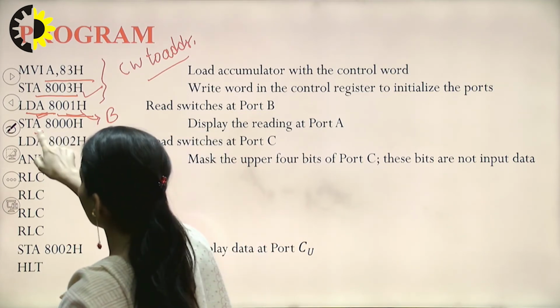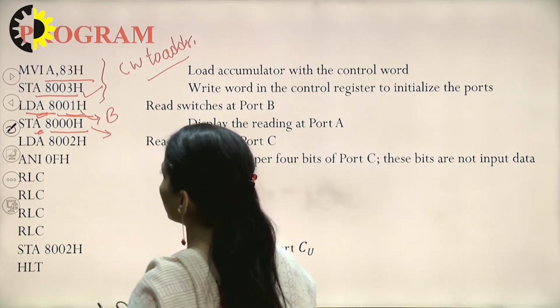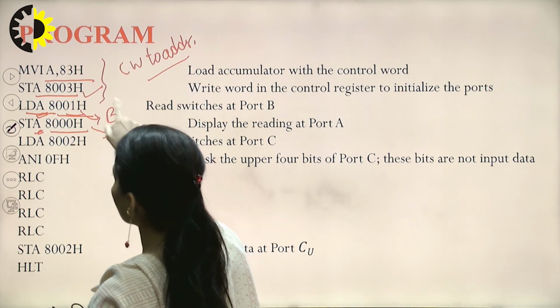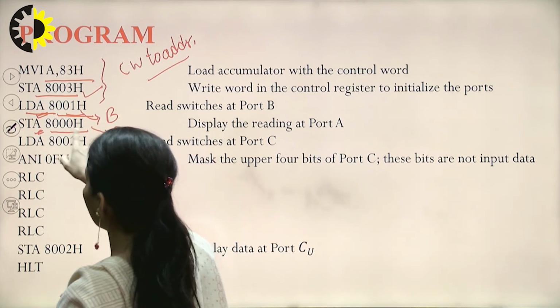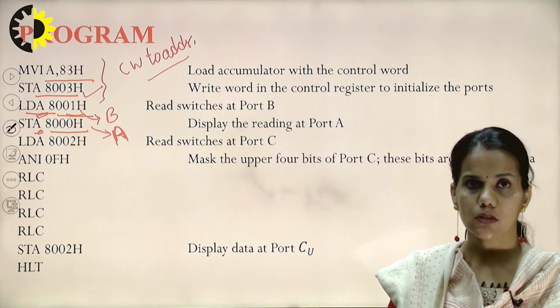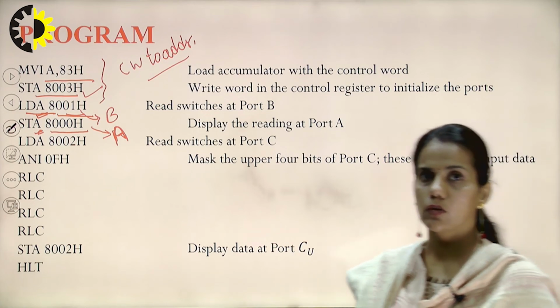From the accumulator it is being moved to port A. So the status of port B is being sent to port A. Whatever is the status of the switches on port B, it will be reflected on the LEDs connected on port A.